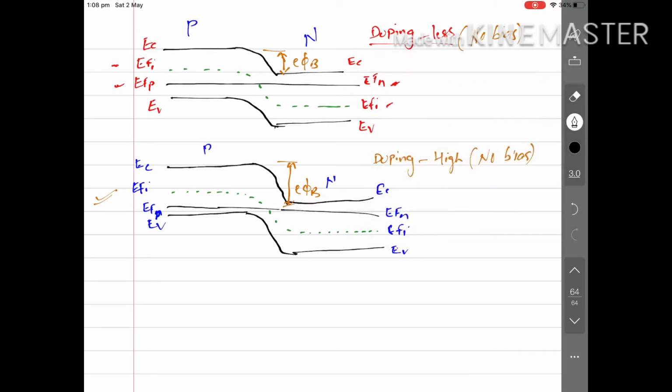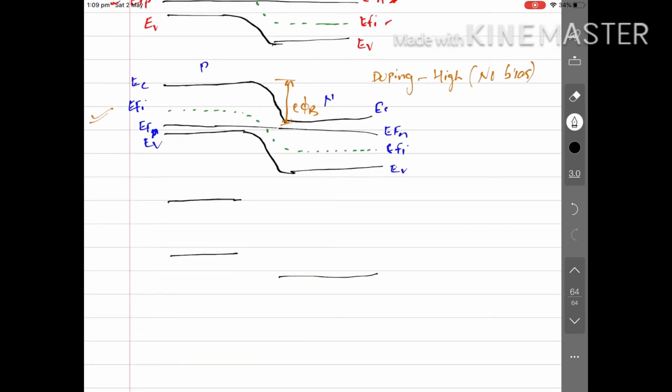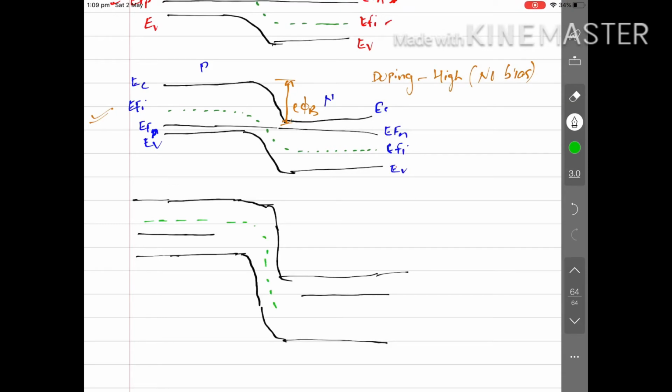This is the Zener diode under reverse bias condition.